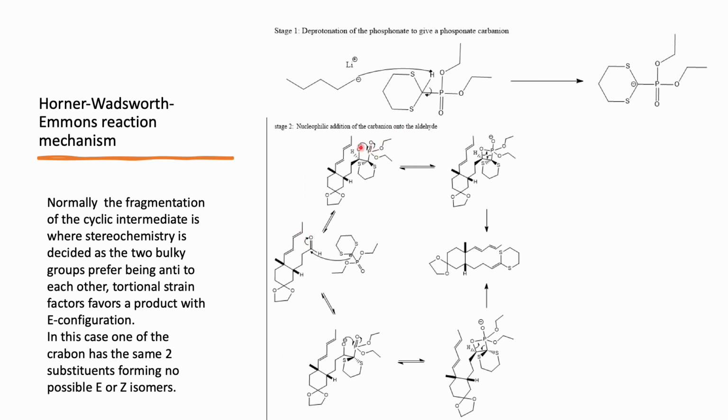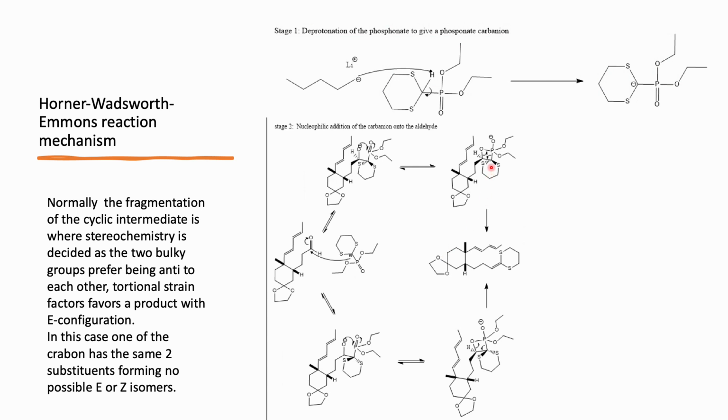Then here this oxygen will have a negative charge, which will bond with the phosphorus, and this double bond will break. Then there will be a slow step of the reaction where there will be a syn elimination of the phosphate anion, and there will be a fragmentation of the cyclic intermediate, where normally the two bulky groups are tied to each other, favoring an E isomer.